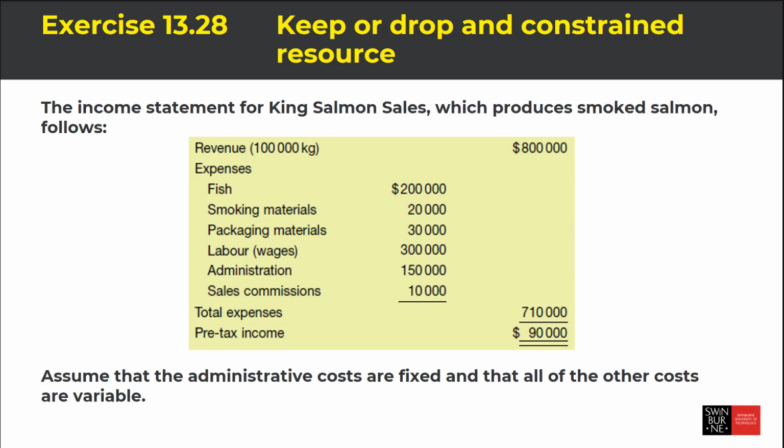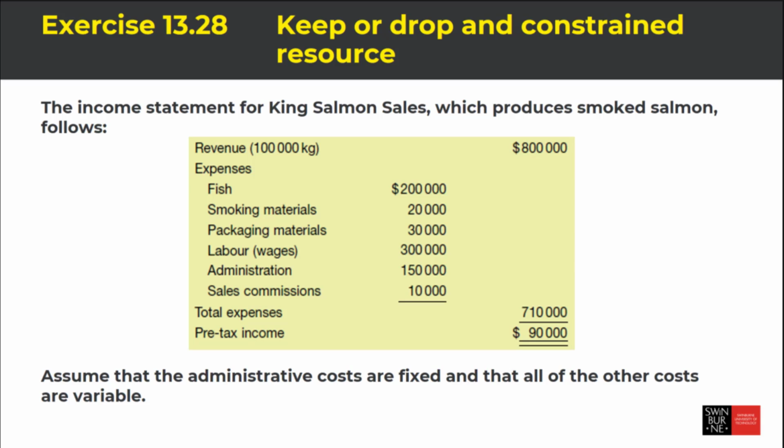Exercise 13.28. It is keep or drop and constrained resources. The income statement for King Salmon Sales, which produces smoked salmon, is as follows. They have revenue from 100,000 kilograms equal to $800,000, and they have a list of expenses there.